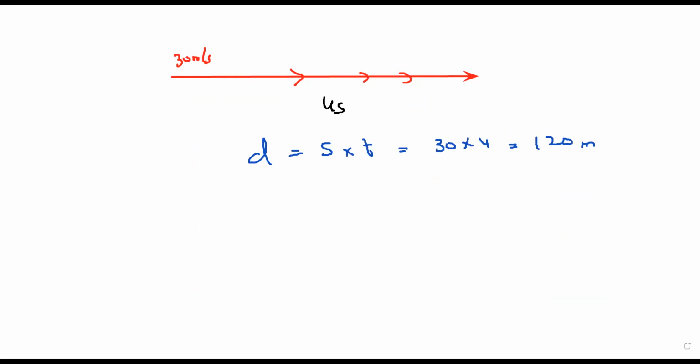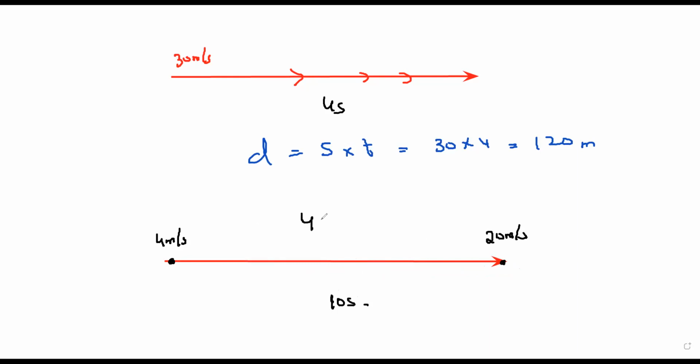But what if the object is moving and it is continuously changing the speed? Like the object started with a speed of say 4 meters per second and it reaches a speed of 20 meters per second, and say it continues for 10 seconds. So what is the average? Because the object speed is not constant, it is changing.